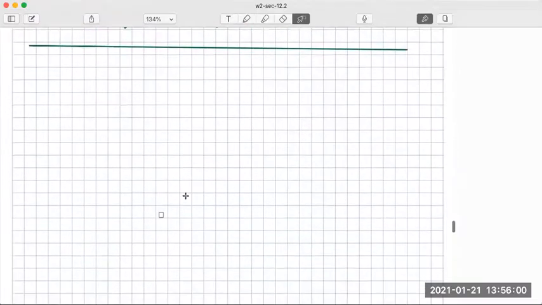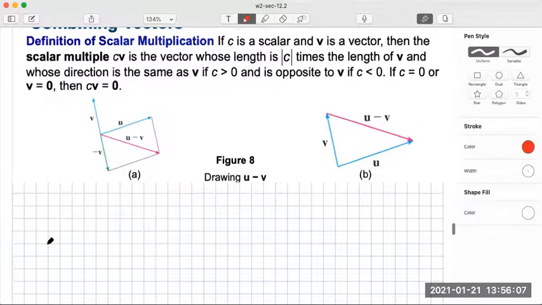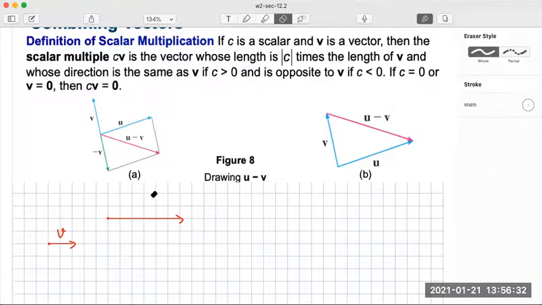Here it is easier to follow. Let us define this as vector V here, and I call this vector U.